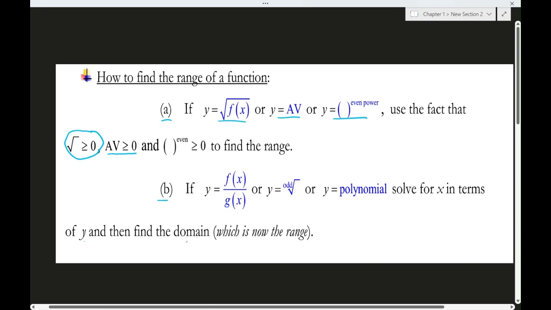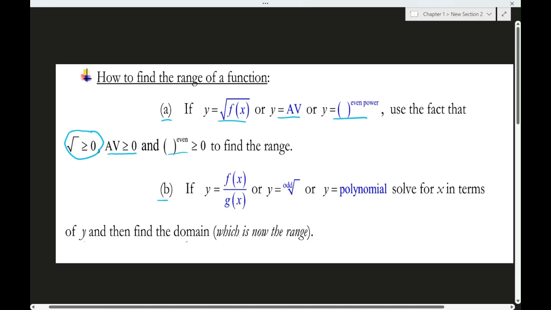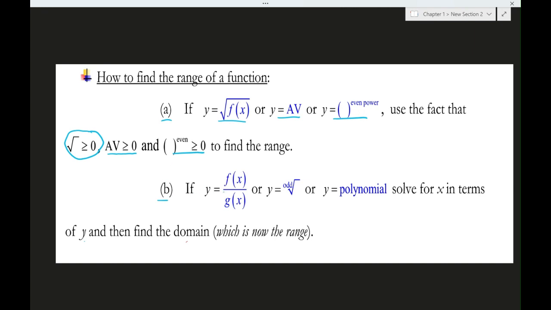The absolute value is also non-negative, and the even power is also non-negative.